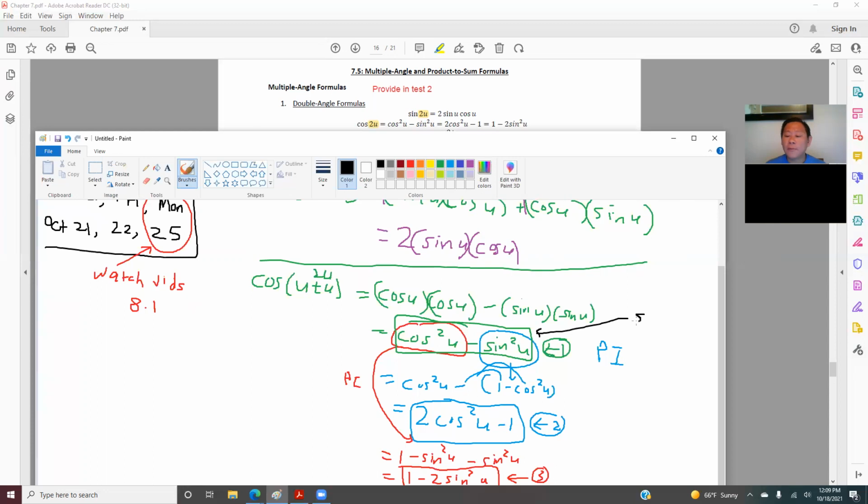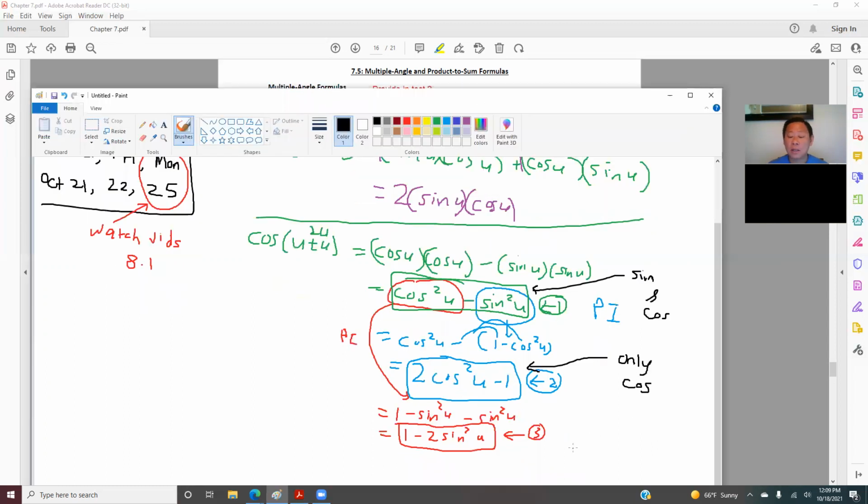If your identity consists of sine and cosine functions, then I will say use the first one, because the first one has both cosine and sine. If you only have the cosine function, then I want you to pick the second one. And if you only have the sine function, then I will use the third one.